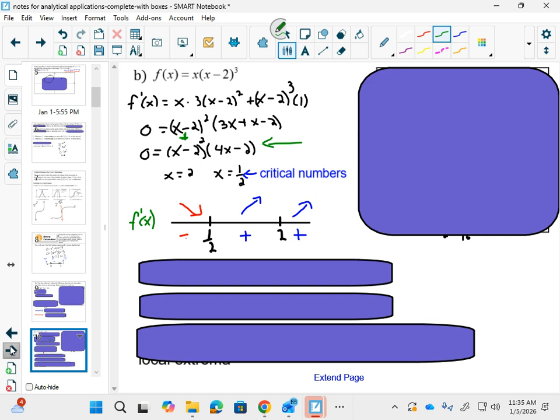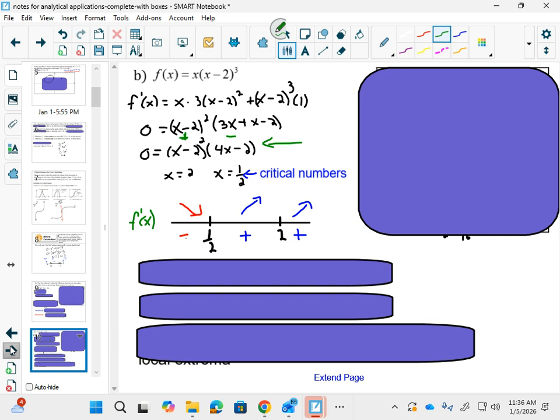If I plug in 0 here, do you see that this is negative? And if I have a positive factor times a negative factor, that section will always be negative. If I plug in something between 1/2 and 2, if I chose 1, for example, this is still positive.